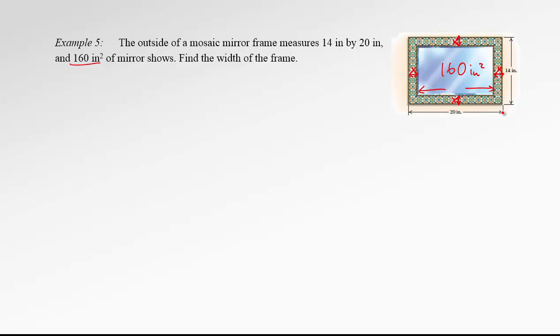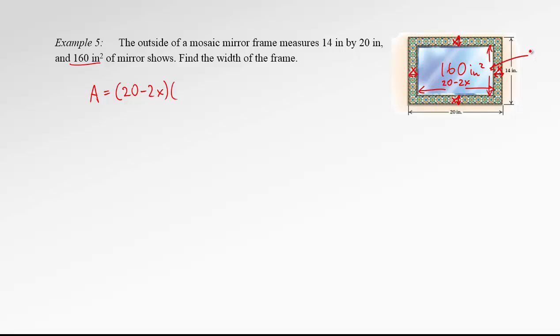Well, it is the 20, but we cut off the two x's from both sides. So the length of this rectangle is 20 minus 2x. Let's record this. Area equals the length, which is 20 minus 2x, times the width. What is the width? Well, again, that's this distance from here to there, which is 14 minus 2x.